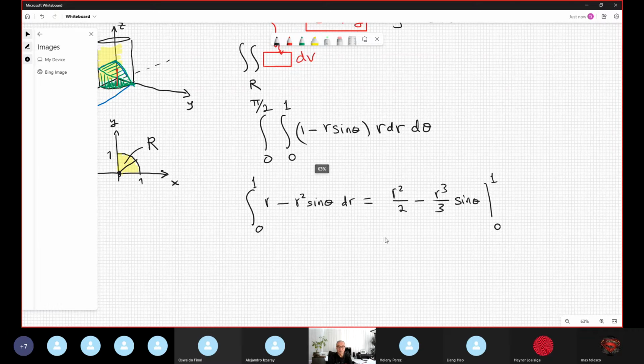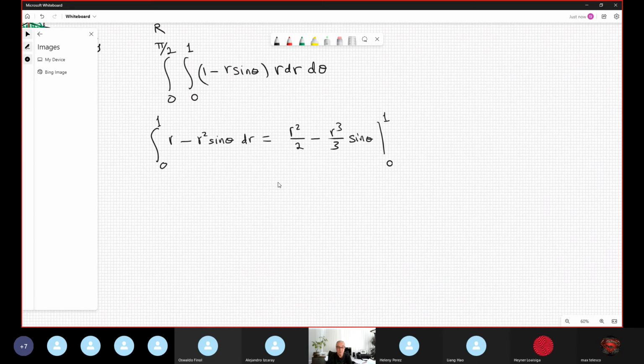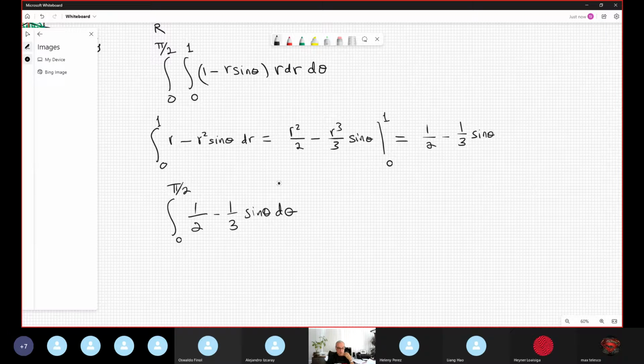Therefore, so far, the answer is 1/2, because r is 1, minus 1/3 sine theta. And the other is 0. 0 is 0. It's nothing. So I copy the second integral by plugging in that new integral function, and your integration is with respect to theta.